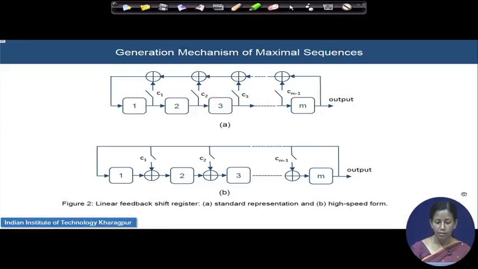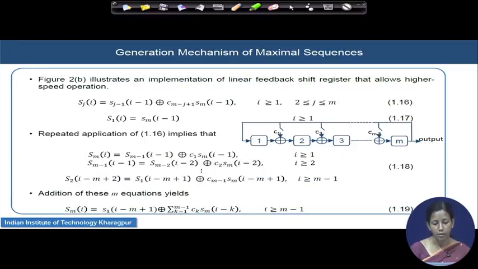We will refer next to the high speed form of this generation, and we will proceed with our derivation. I have replicated that figure once again here for easy understanding of the derivation.